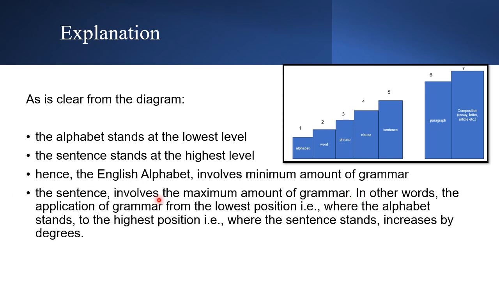The sentence involves the maximum amount of grammar. In other words, the application of grammar from the lowest position, that is the alphabet, to the highest position, where the sentence is, increases by degrees. So it gradually increases. As you start writing complex things, more and more grammar starts getting in.